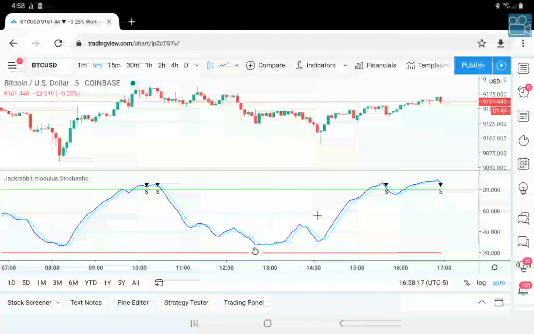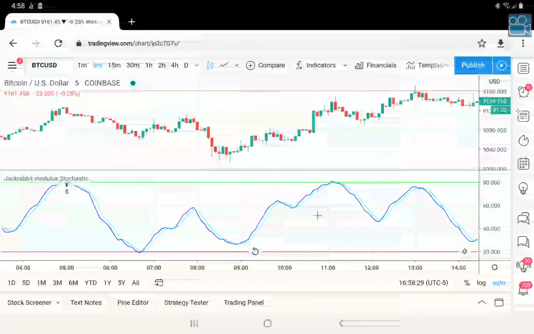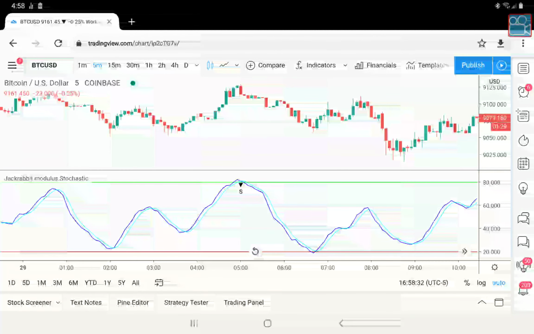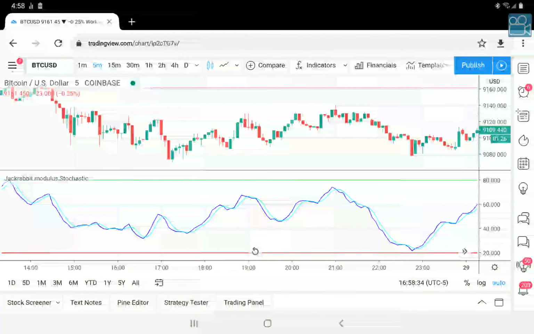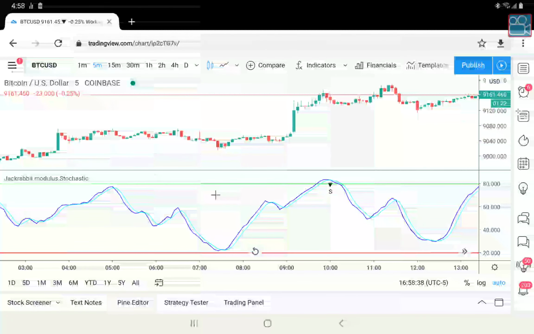Now, as I said, normally this has a high propensity for false signals. But because of the way I did the crossovers, you can see it's nowhere near as high of a false signal rate. But let's take a look at the settings.